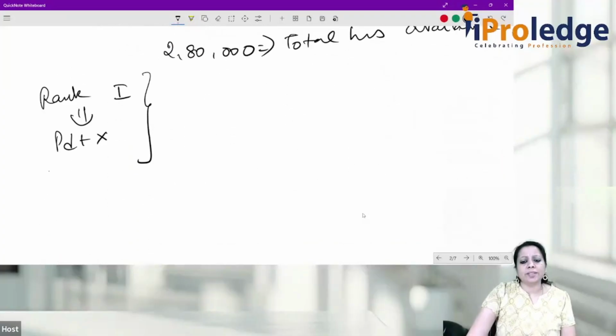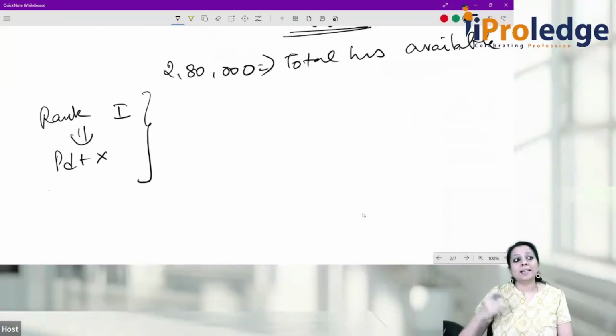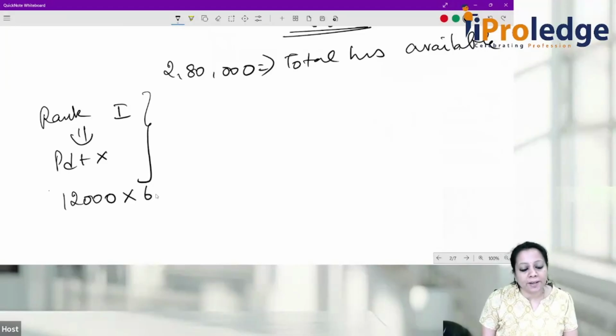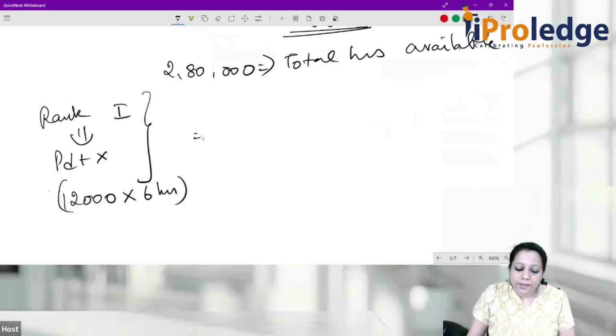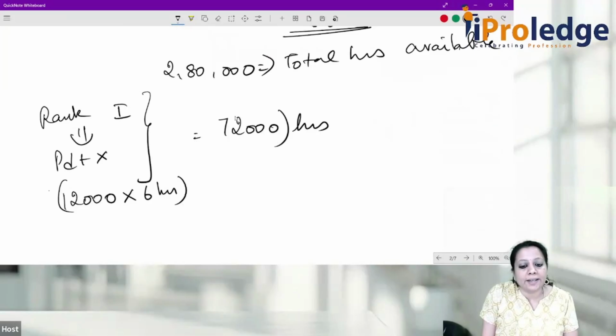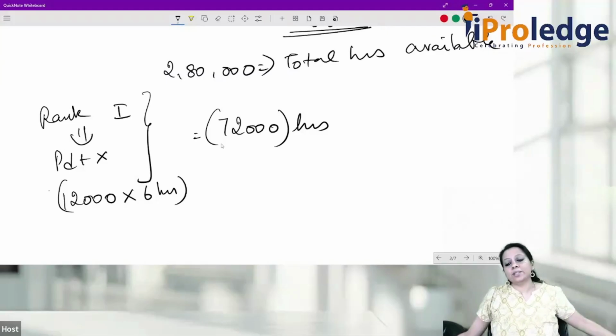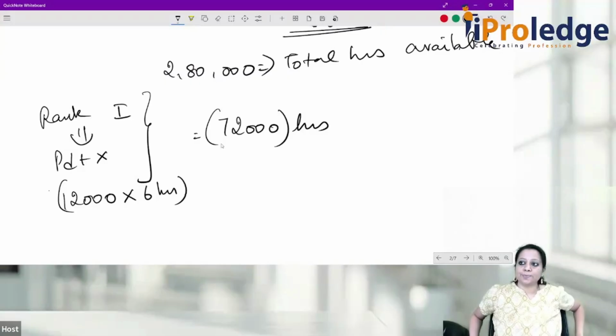That means, what is the meaning of that, students? I am capable of selling 12,000 as far as product X is concerned. Correct? So, in department A, for 12,000 products to make, each product will require 6 hours. That means, how many hours will I give? 12 6s are 72. 72,000 hours first I will give for product X in department A. Out of 2,80,000 hours, I will give 72,000 hours for product X. Is everyone getting my point?